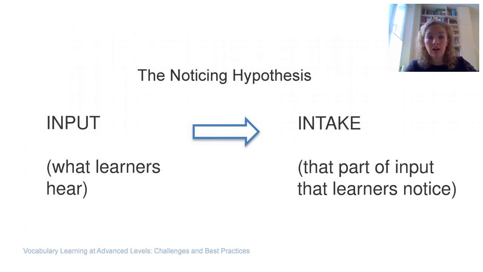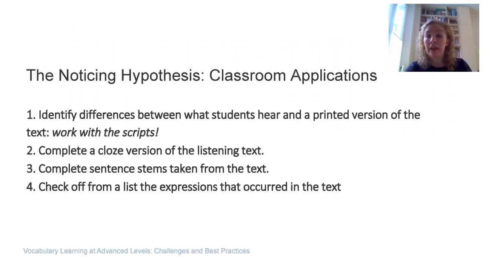What does it mean for us as teachers in practice? How can we apply this wonderful noticing hypothesis in our classrooms? So the first obvious thing is that we should identify differences between what students hear and the printed version of the text.